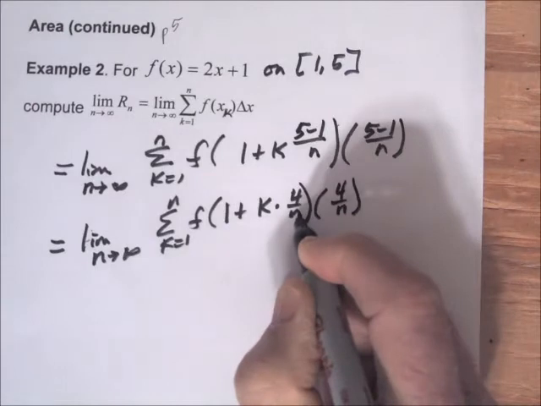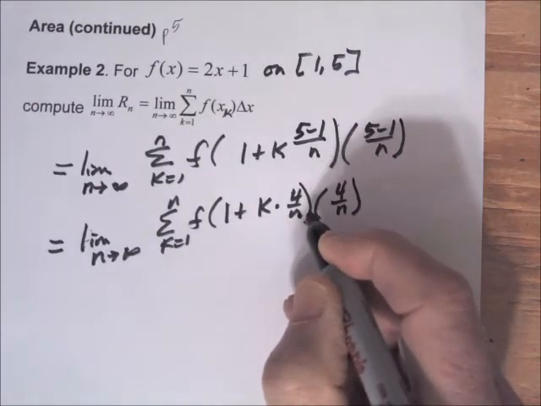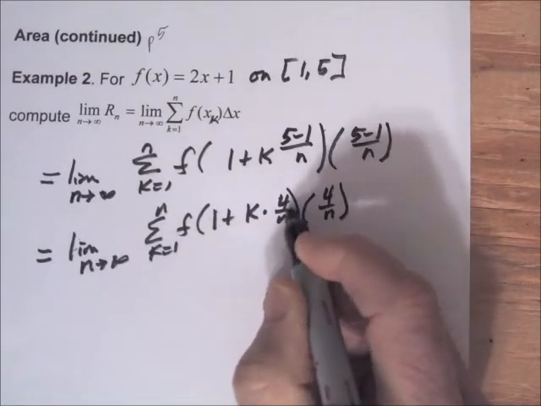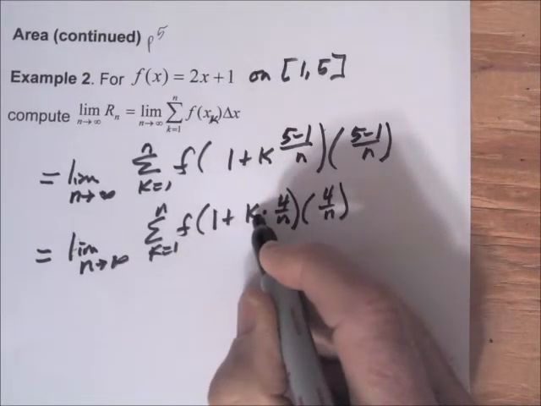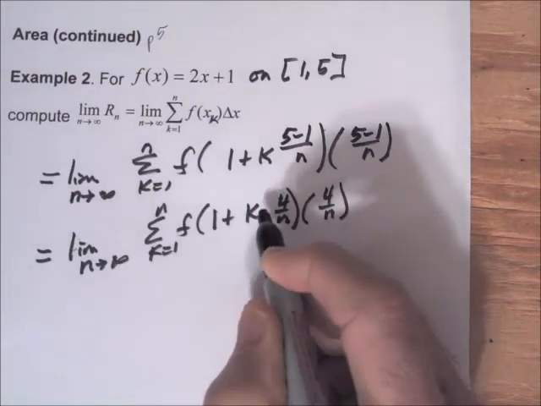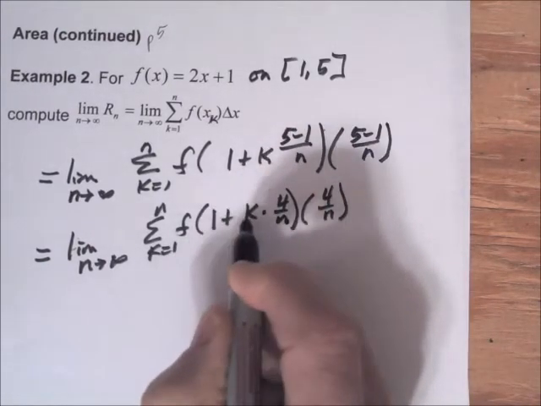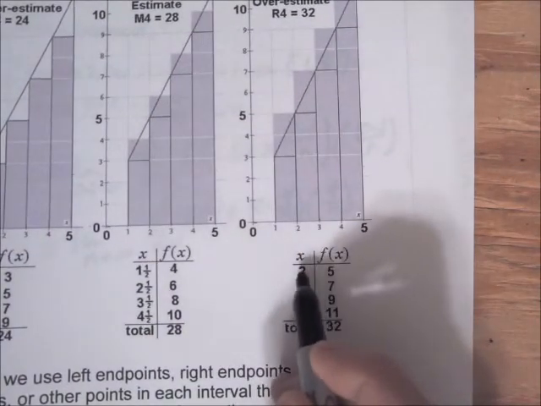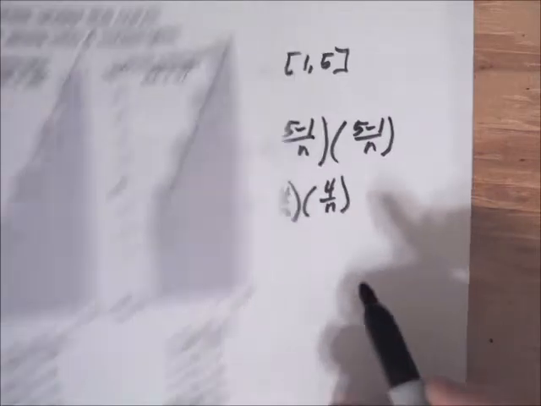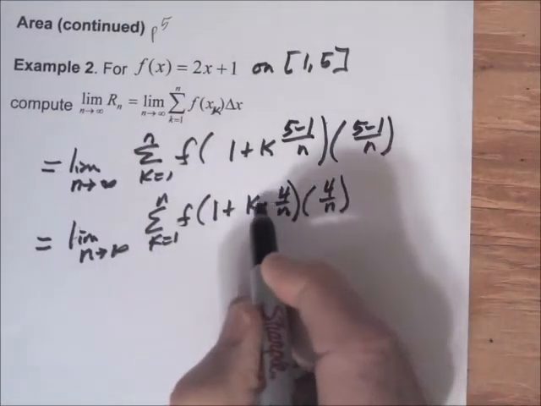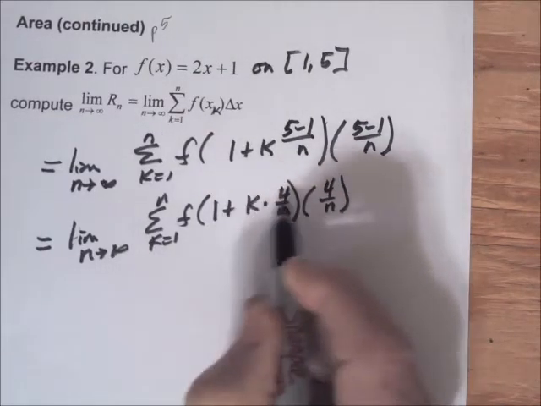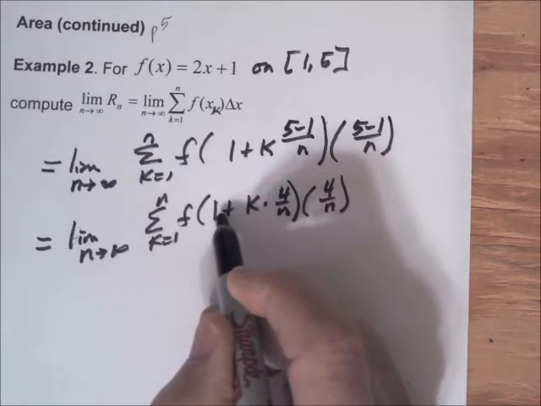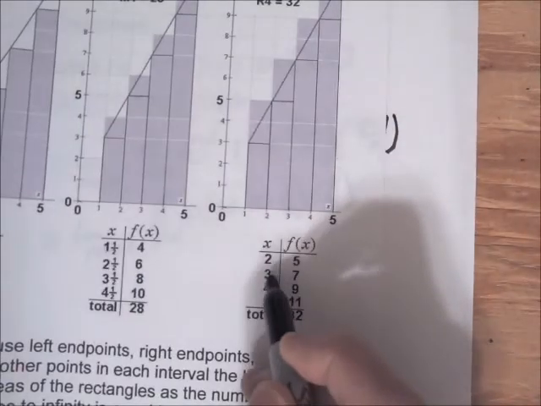Before, we used n equal 4 in the previous example, so this would be just f of 1 plus k. If k is 1, we have f of 2, the right endpoint. If k is 2, 4 over 4 is 1 again, and 1 plus 2 is 3, so f of 3 will be the next point.